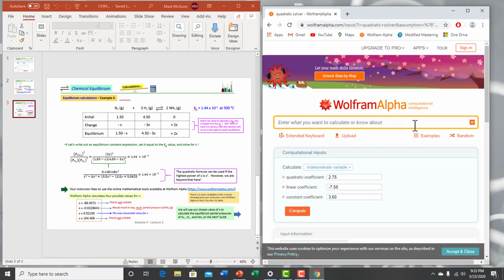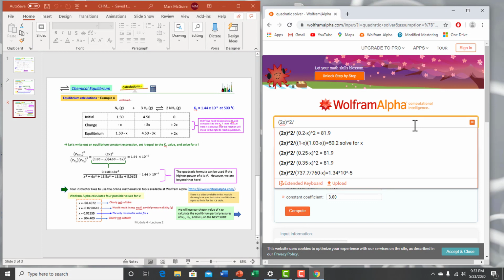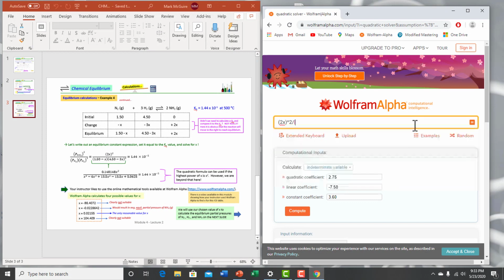So I'll put in (2x)^2 divided by, remembering my extra set of parentheses, I'll use a bracket, (1.50 - x) times (4.50 - 3x)^3, close that bracket, equals 1.44e-5. Notice how I entered the times 10 to the minus 5.